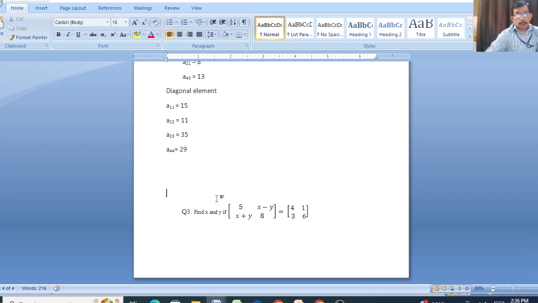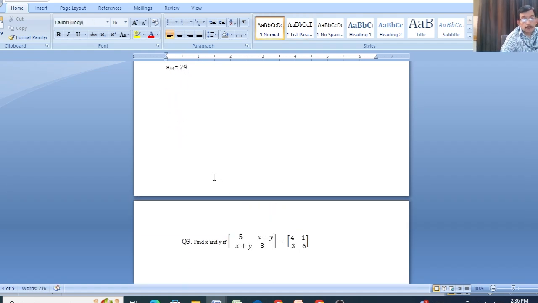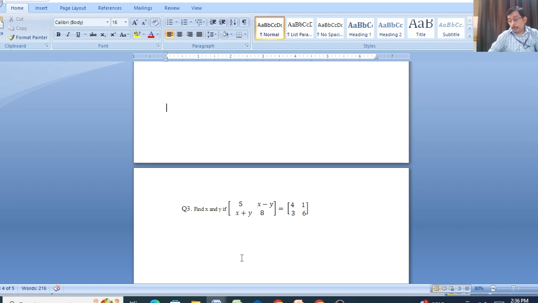The next question is to find the values of x and y if two matrices are given. This is the best example of equality of matrices. If the matrices are equal, then the corresponding elements are also equal.